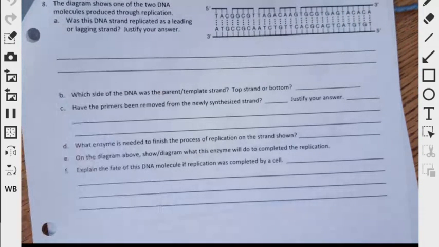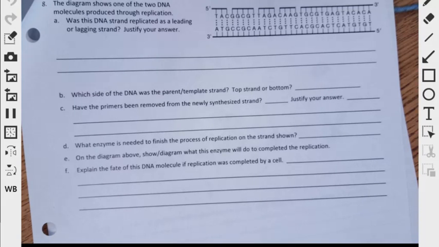It says, was the strand replicated as a leading or a lagging strand? Do you see fragments? Do you see gaps? Lots of them? It's because that strand was made in pieces.